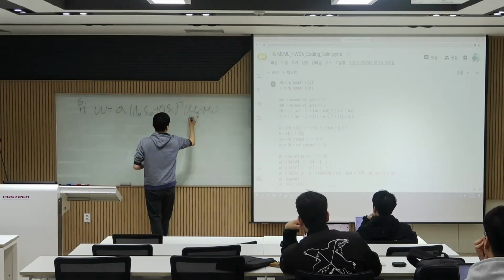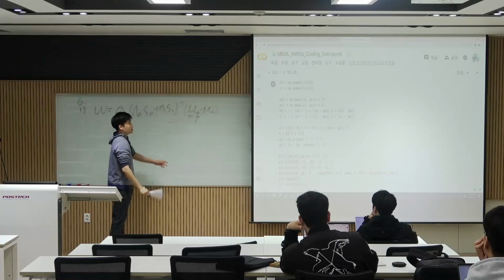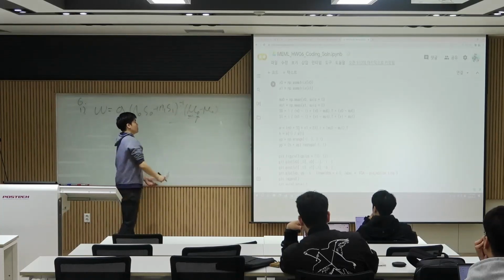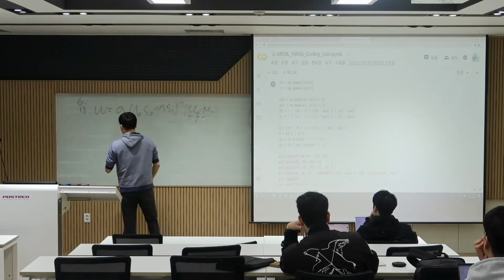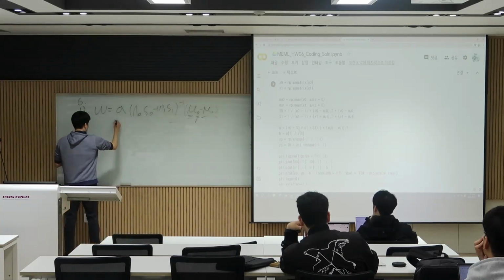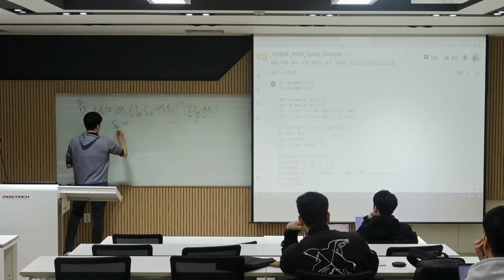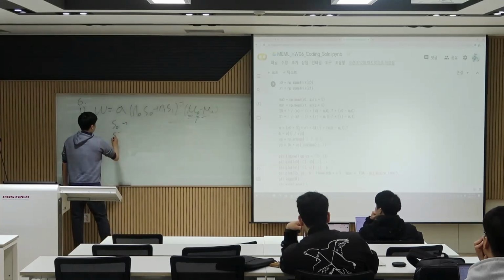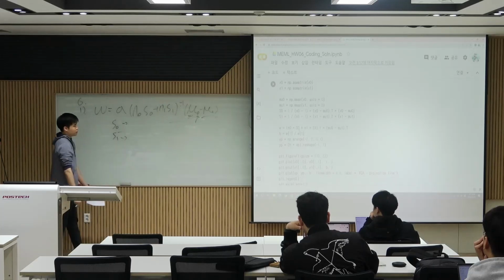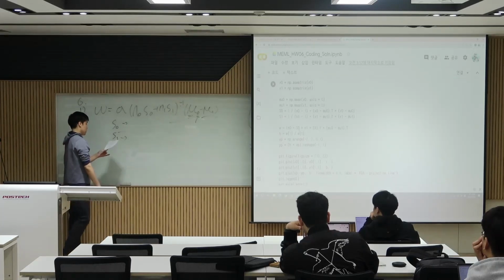So this mu0 is basically the mean of x0, and mu1 should be the mean value of the x1 data points. S0 is basically the sample variance of x0, and S1 is the sample variance of the data that corresponds to x1.